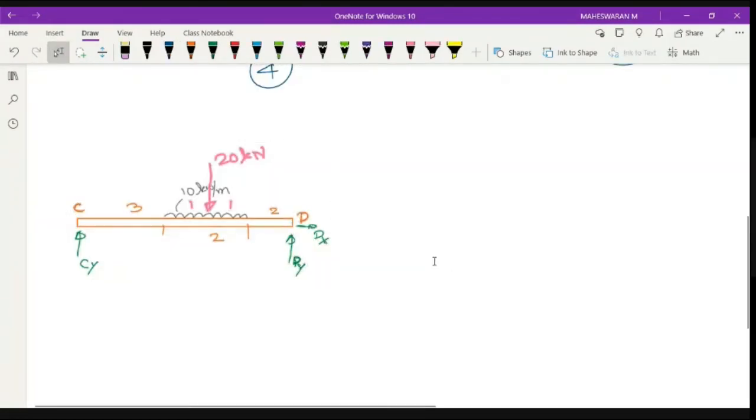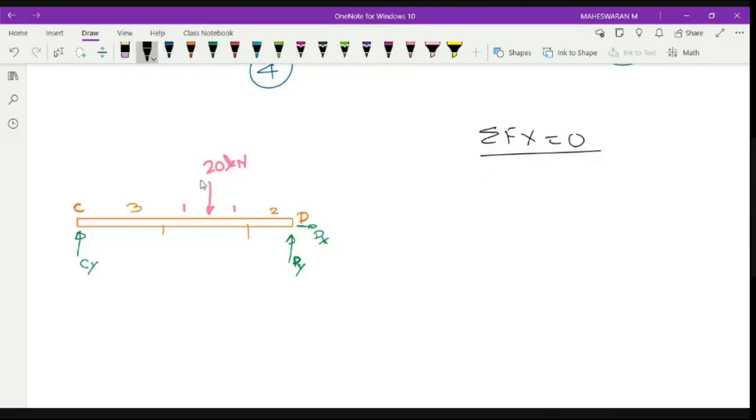Right. So now I will eliminate this one. I don't want this UDL. Instead of this UDL, I have converted it to 20 kilonewton, with 1 meter and 1 meter. So let me solve this. Let me say that sigma Fx is equal to 0 for this part. There is no horizontal force, only one, which means I can say that Dx is equal to 0.